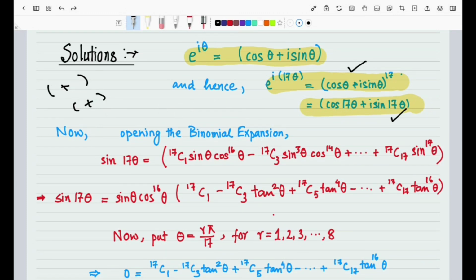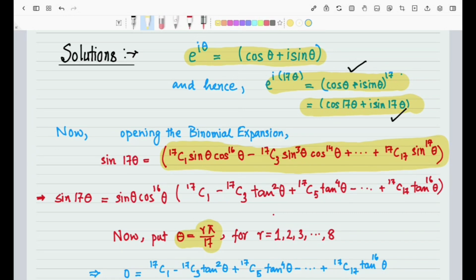Moving on to the next part, I have written down the values as I just explained. After that, I put the value of theta equal to r pi by 17. Before that, let me explain this part also.